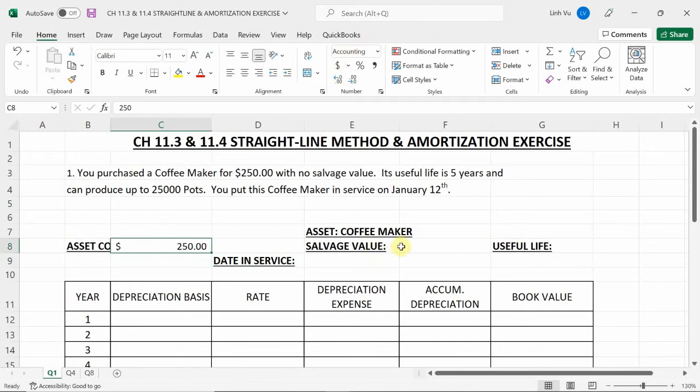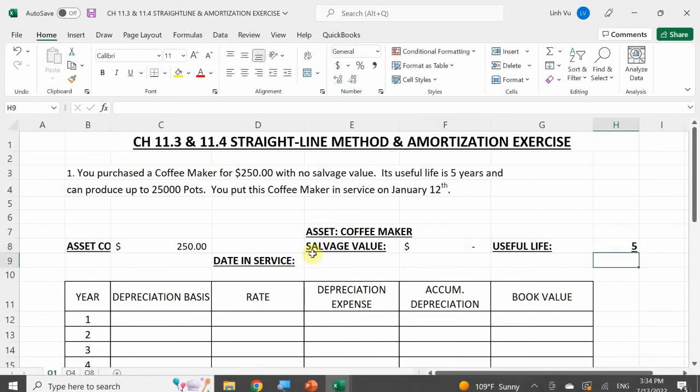Okay, and what's the salvage value on there? 0. There's no salvage value after this coffee maker. And what's the estimated useful life? 5 years. So, when did you place it into service?